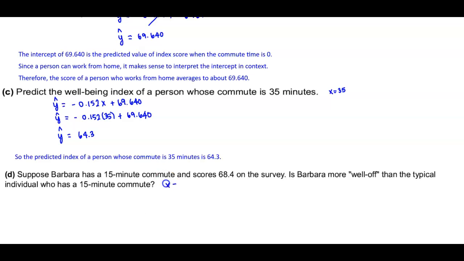We let X equal 15, and again we use the equation Y equals negative 0.152X plus 69.640, so Y equals negative 0.152 times 15 plus 69.640.